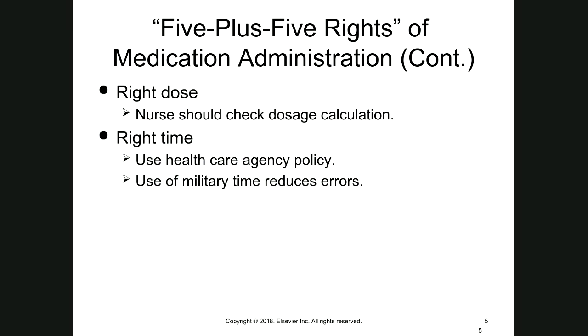All these have to be in place. You've got to know your patient and know their medical history. And you have to look at the labs and make sure they're within normal range for that particular medication.